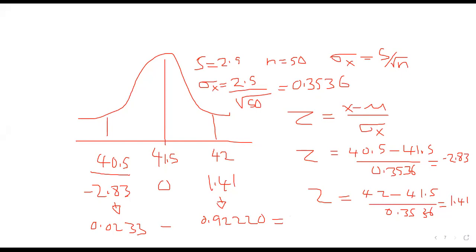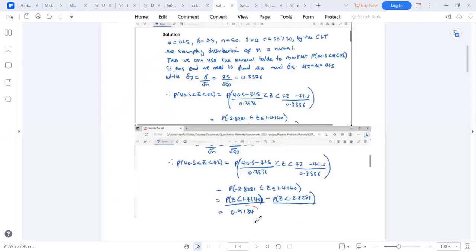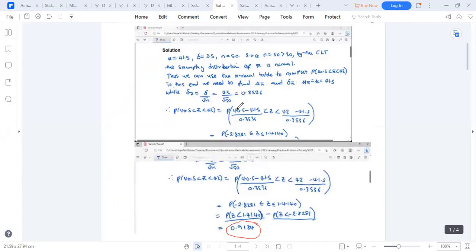So we're going to get 0.9184. This is the difference between those two, and exactly how we arrived at this answer. Are we together? Malulu, are we together?